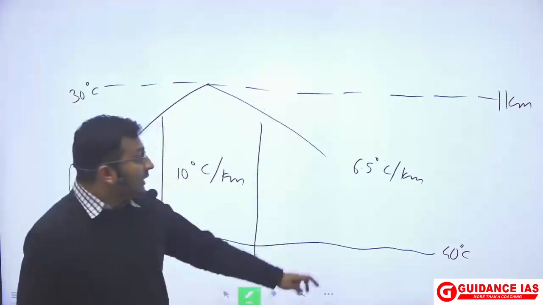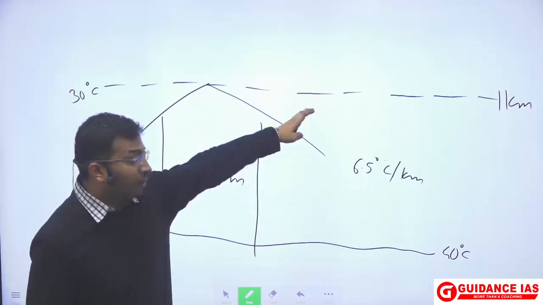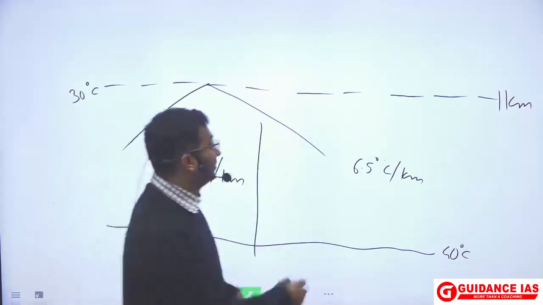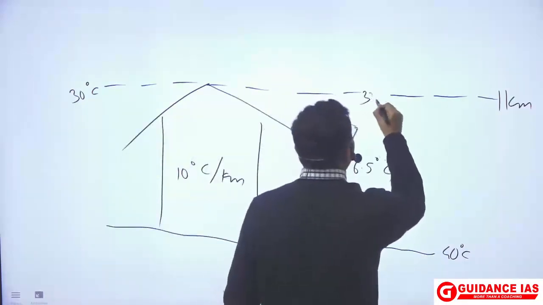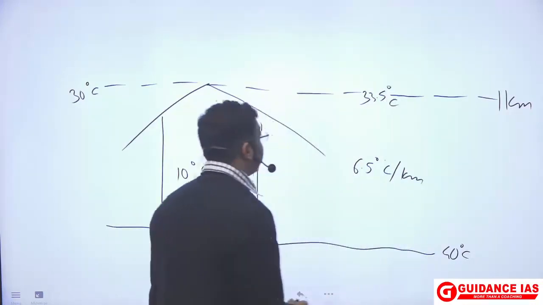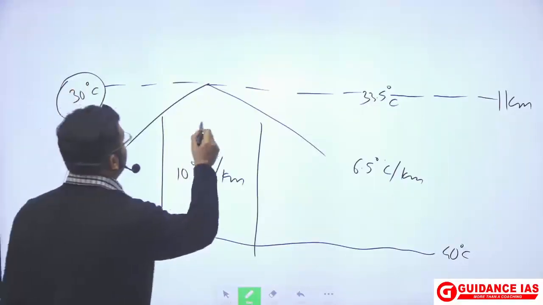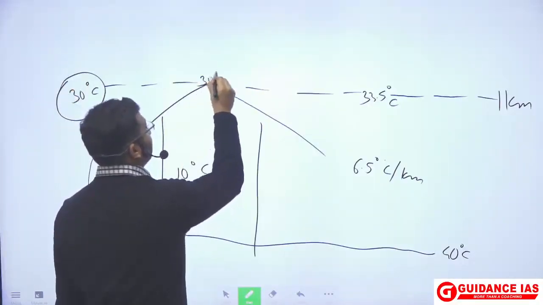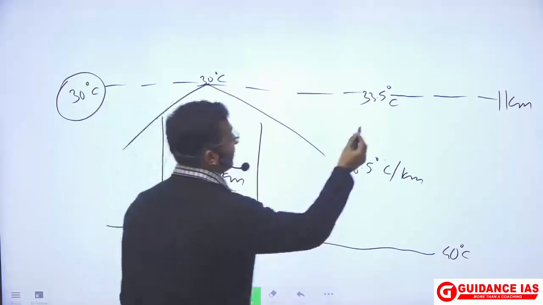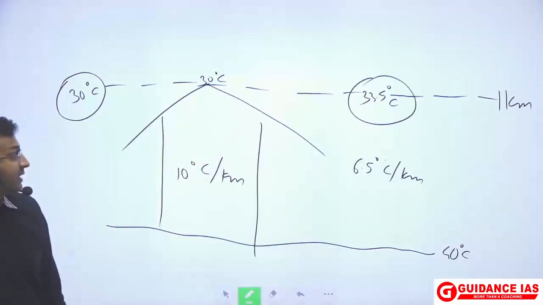So the surrounding temperature at a height of around 1 kilometer will be 33.5 degrees Celsius. If we compare these two, the temperature of this air mass is 30 degrees Celsius and that of the surrounding is 33.5 degrees Celsius.